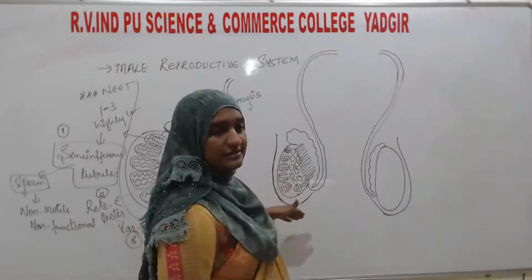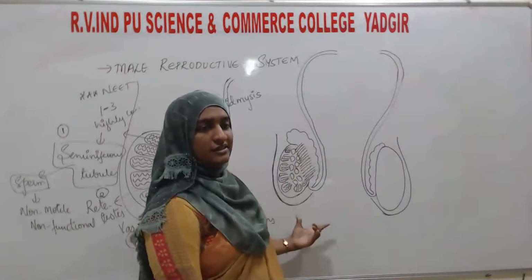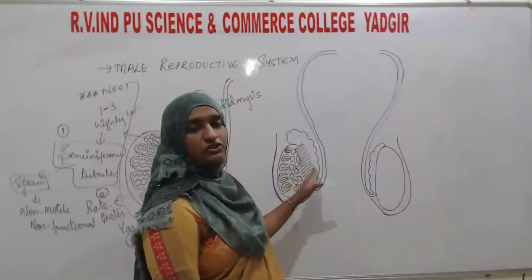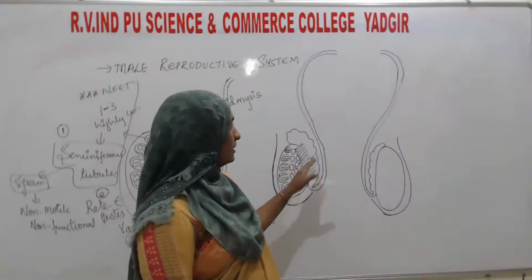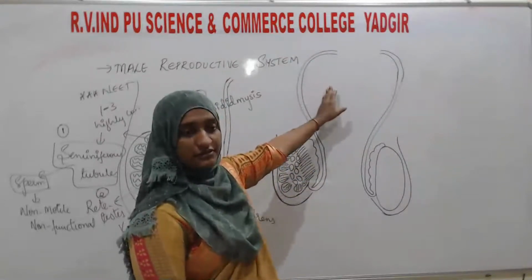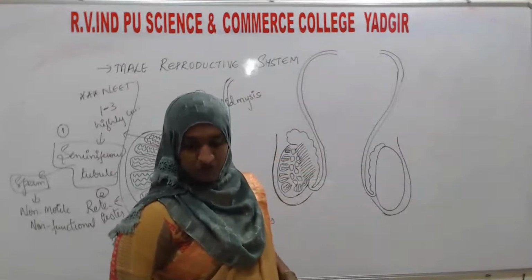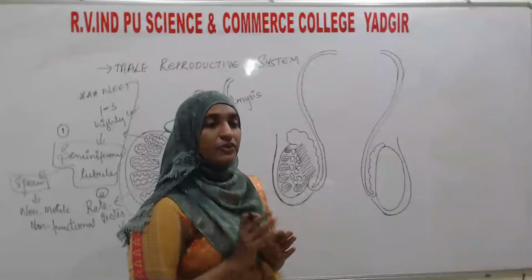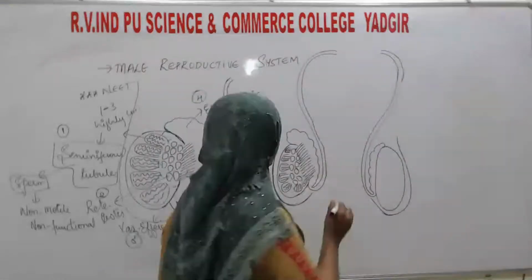Here in these testes, we are showing a transverse section of the testis. It means we have to know clearly about all these tubes and ducts. Then this is the vas deferens, which does not open, it just runs through to the urinary bladder. Here you see.